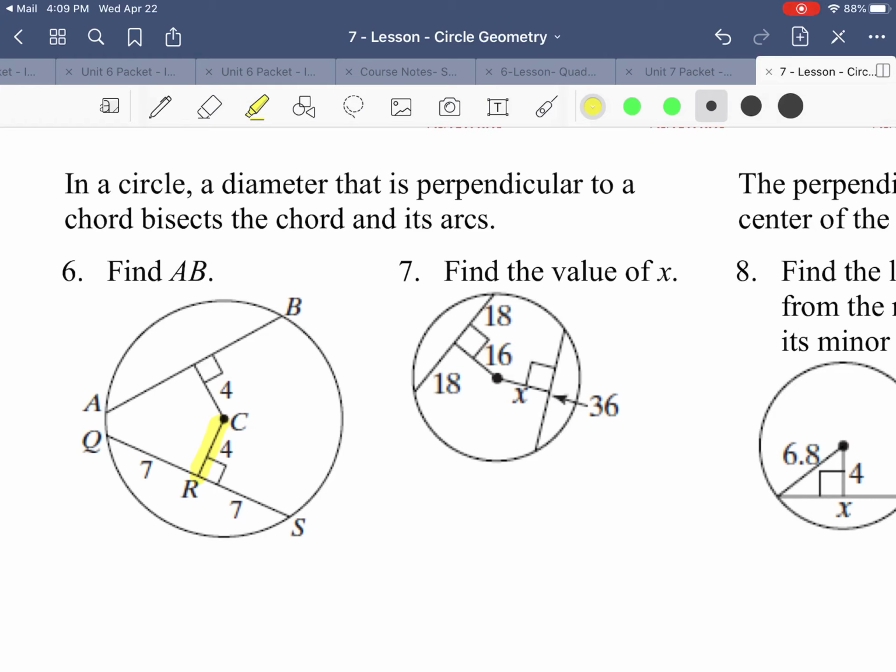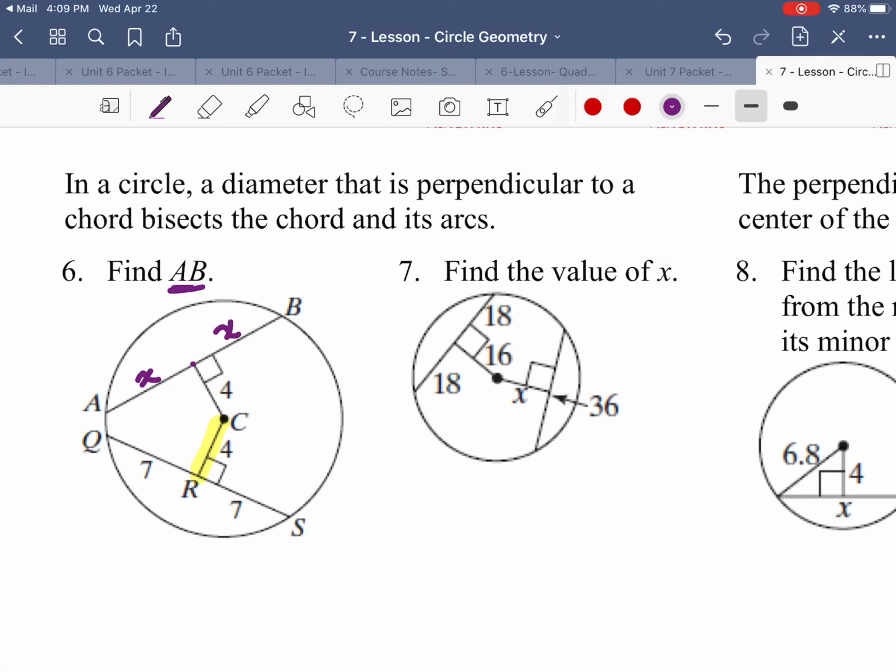CR bisects QS, and you can see how it becomes 7 and 7, all right? Or at least it was 7 and 7. So we have X and X. I don't know what these two guys are, and we're going to need to know what those are in order to figure out what the whole length of AB is. So that's coming up. That's going to be part of the fun, all right?